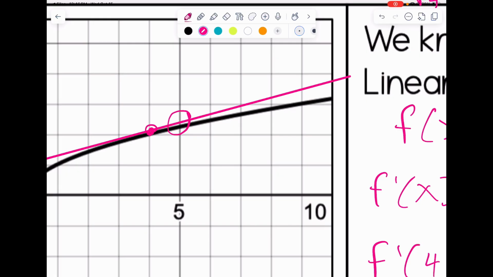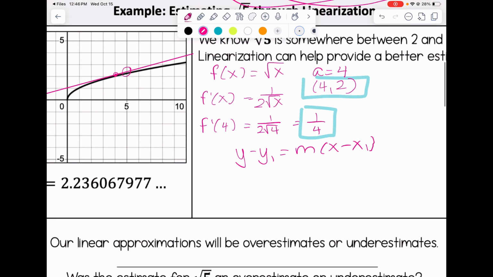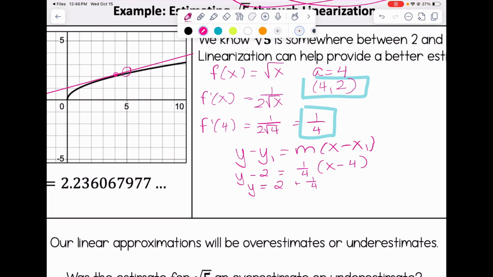So we're coming up with something closer than saying it's between 2 and 3. We're using this tangent line to help us get a better idea. Okay. So let's plug all these pieces in. I have y − 2 = 1/4(x − 4). And we could bring that 2 over like we saw in the formula at the top.